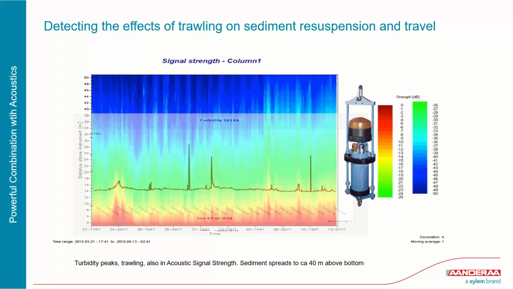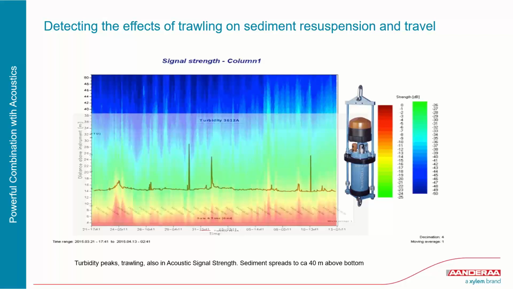So what you see, the peaks here in the black graph, is the measurement with a turbidity sensor placed on the instrument itself, and the instrument was about 2 meters above the bottom. Each of these peaks is related to a trawler passing at different distances from the instrument.